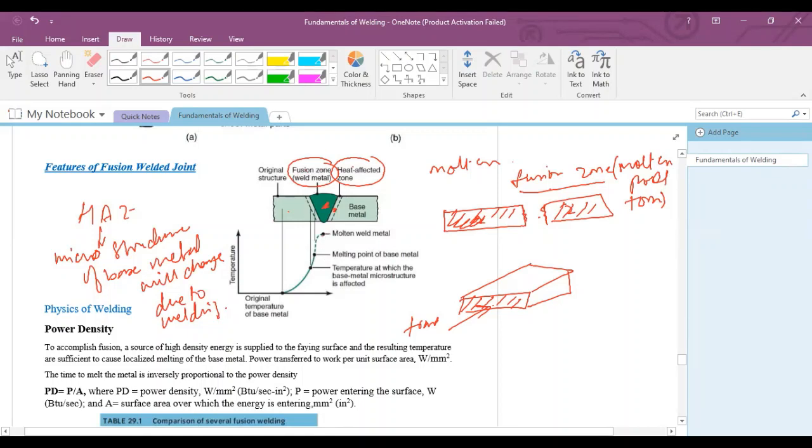In the melting zone, the green area, the temperature will be very high. In fusion welding, normally it is 5500 degrees centigrade, which is enough temperature to melt any material.